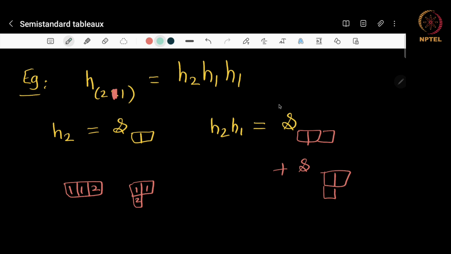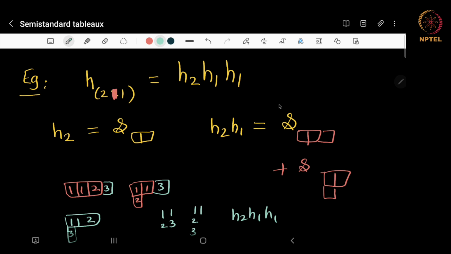So that's my third step when I do h2 h1 h1. So where all can I attach that additional box? I can either attach it there, or I can attach it downstairs. Similarly here, I can attach it in three different places. So it's 1 1 2 3, or 1 1 2 3.